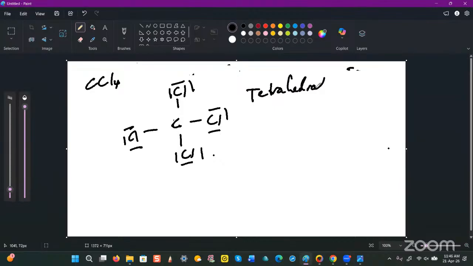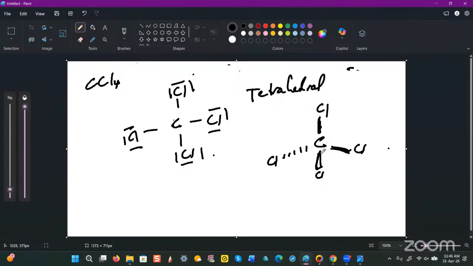Now, I'm going to represent this in a more three-dimensional way. Okay, so this is just another way of representing the tetrahedral shape. For those of you who have to do organic chemistry, you're going to see this a lot, all right?